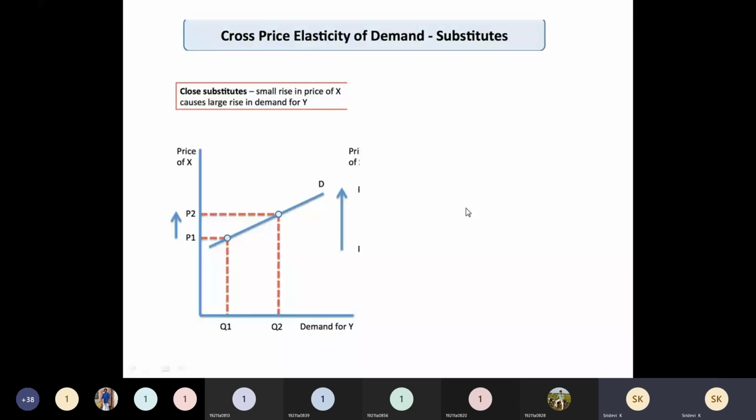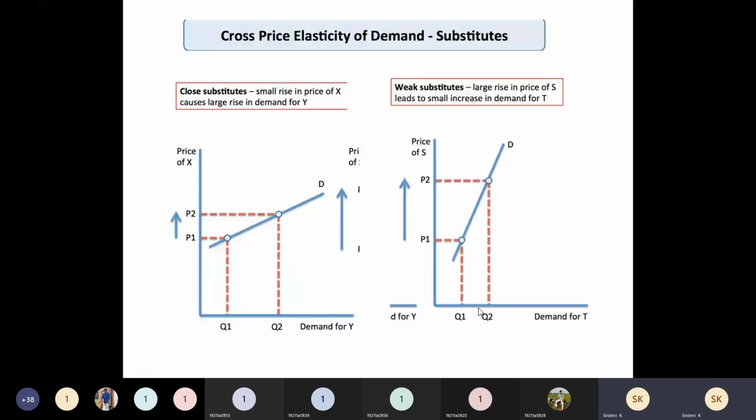If they are not so close substitutes, then this may not be in this manner. Even if there is a large price change, only a little bit of quantity of sales will be there for X product. So this represents how to increase your price even though there are substitutes for your product.